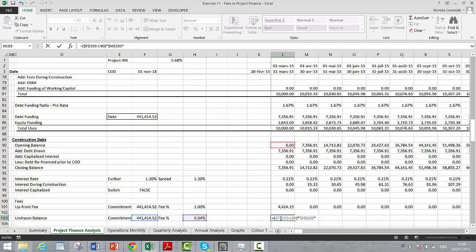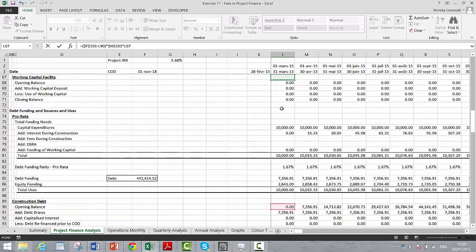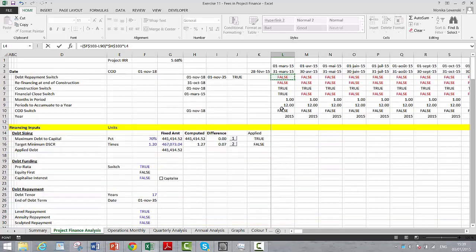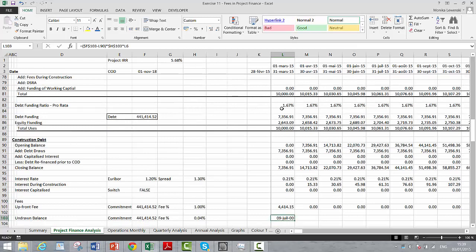And then we also have to only do this over the construction period. After the construction period, our commitment fee goes away. So do we have a construction period switch?